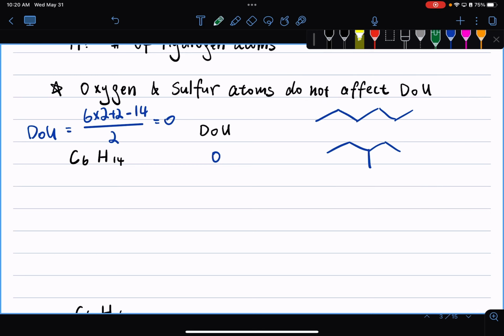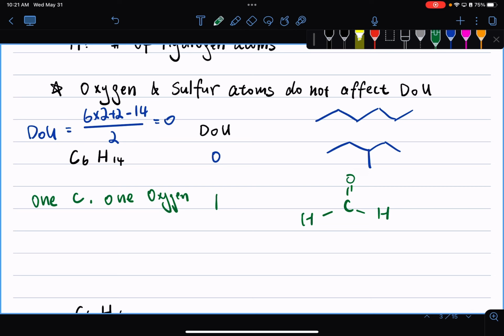Now let's imagine a different way to ask you the question. Imagine we have DOU equals 1, and I'm telling you this molecule has 1 carbon and 1 oxygen. Can you give me a sample molecule you can dream up that has 1 degree of unsaturation and contains 1 carbon and 1 oxygen? So this must be a double bond like that.